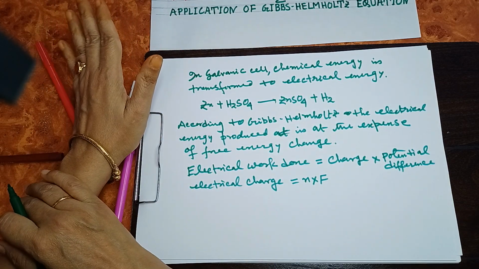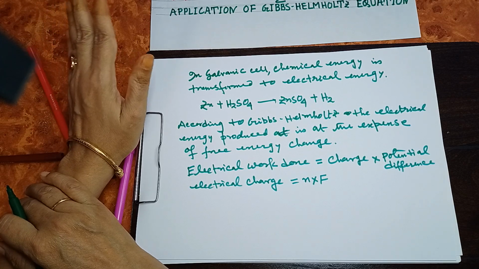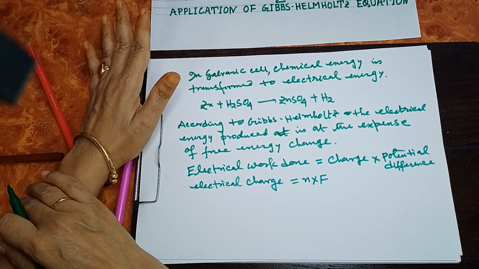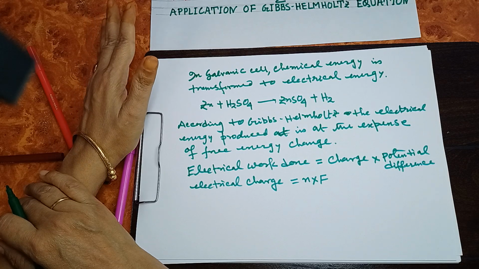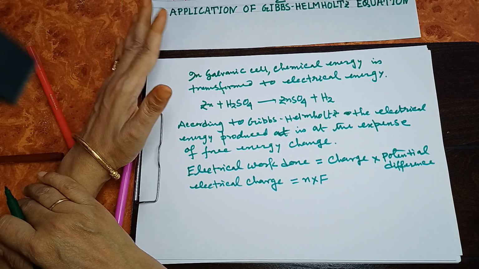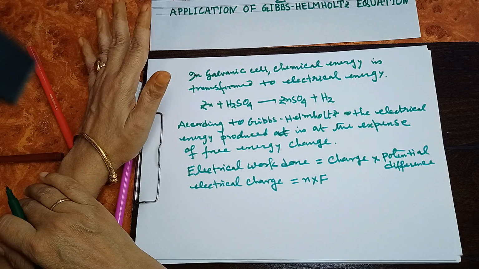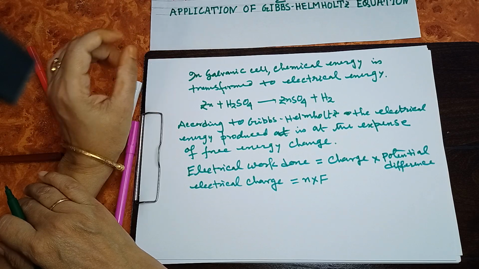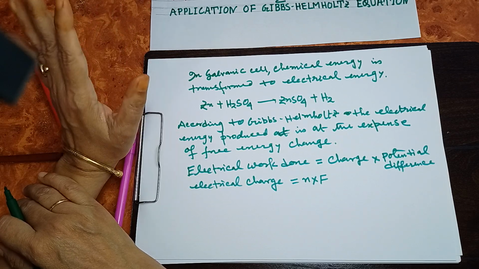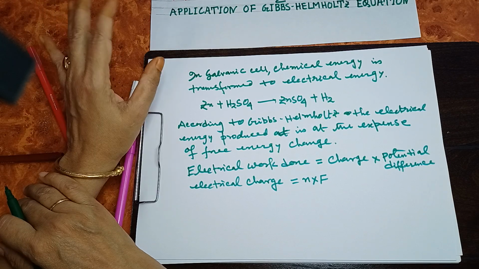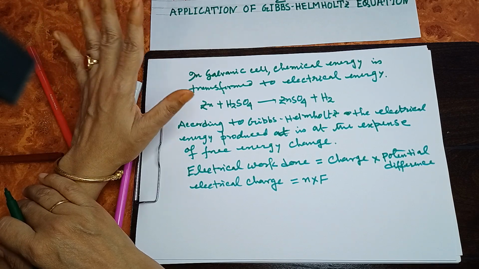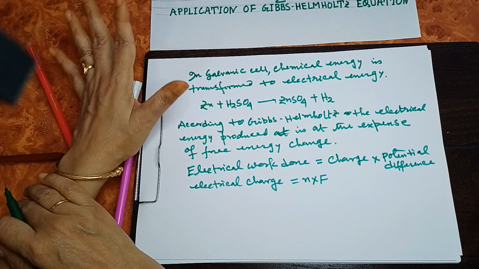In the galvanic cell, an electron transfer reaction occurs. At the anode, oxidation takes place, that means electrons are released, and at the cathode, reduction takes place where electrons are accepted.